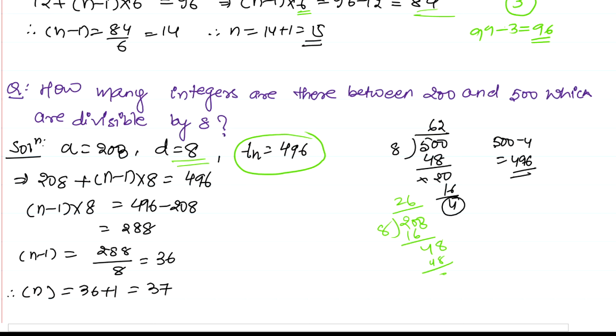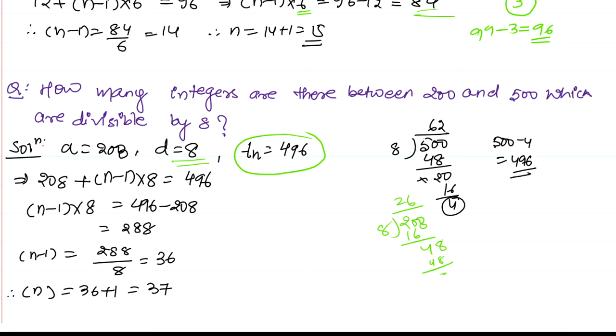Again 208 will be transposed to the right hand side. So it's 496 minus 208 is equal to 288. So n minus 1 is equal to how much? 288 divided by 8. That gives me 36, and hence the value of n is 37. Means there are 37 integers between 200 and 500 which are divisible by 8.